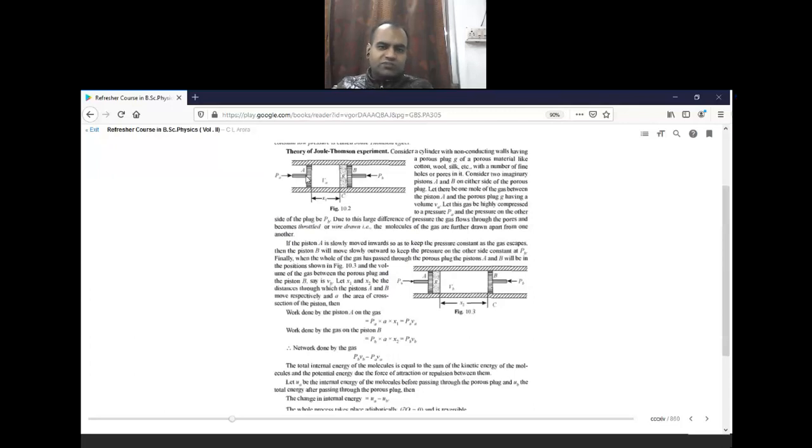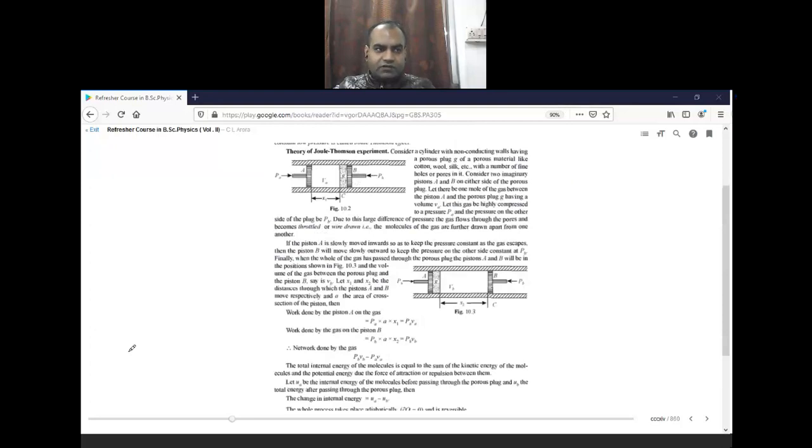The porous plug is represented by G. On one side of the porous plug we have an imaginary piston A, and on the other side we have an imaginary piston B. Here there will be one mole of gas between the piston A and the porous plug, having a volume V.